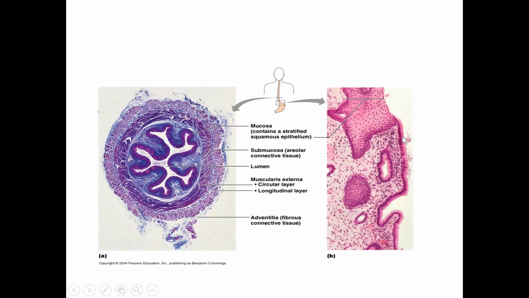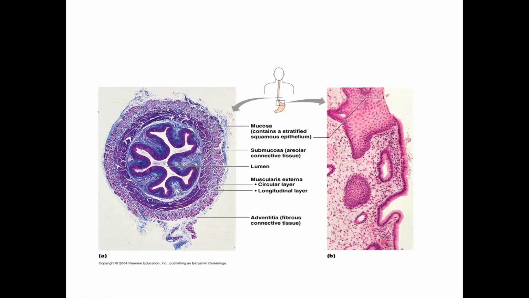You see there are dramatic changes from here. Look at how wide this part is compared to this one, how thin and narrow this one is, because from the esophagus to the stomach, the lining changes. The majority of the esophagus is lined with non-cornified stratified squamous epithelial cells.